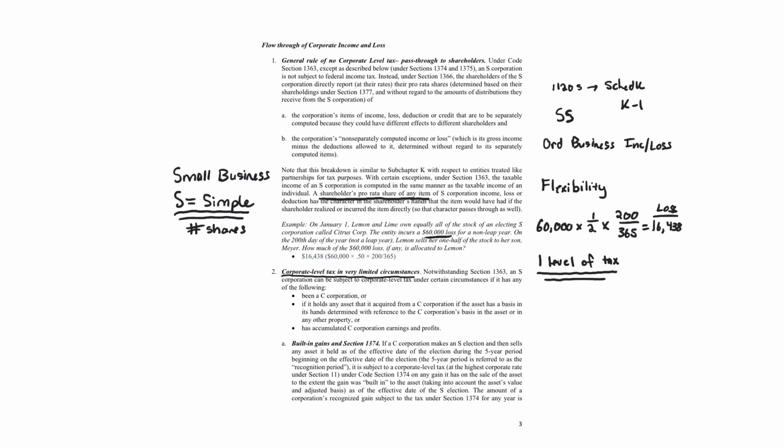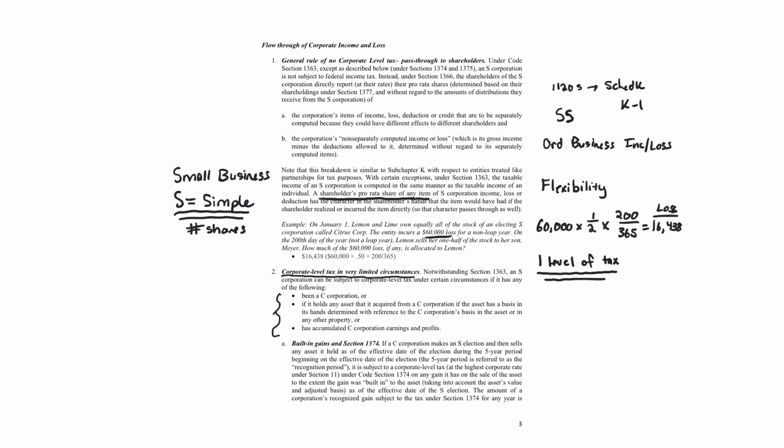Before we talk about those two types, which we're going to call the built-in gains tax and the passive investment income tax on S corporations, there are some common themes you're going to see when it comes to double taxation of S corporations.